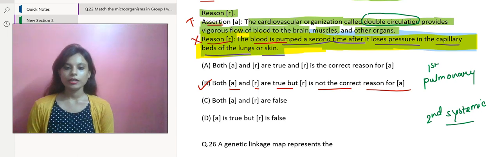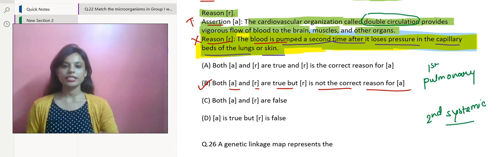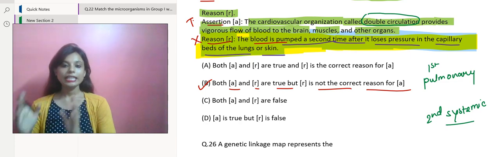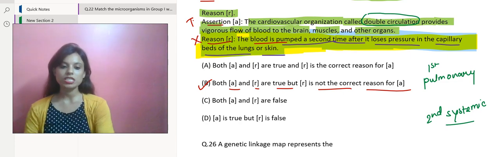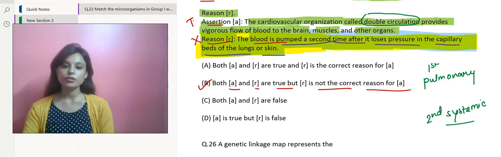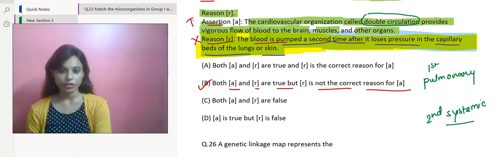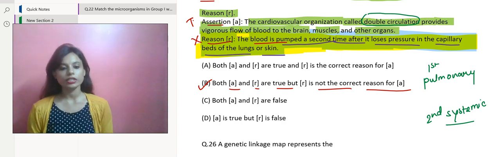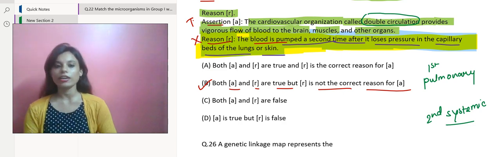Okay. The reason why double circulation provides a vigorous flow of blood to the brain, to the muscles, and to the other organs, it's only because it allows the heart to pump oxygen-rich blood to the body at a higher pressure, which allows the blood to reach these organs more quickly and more efficiently.